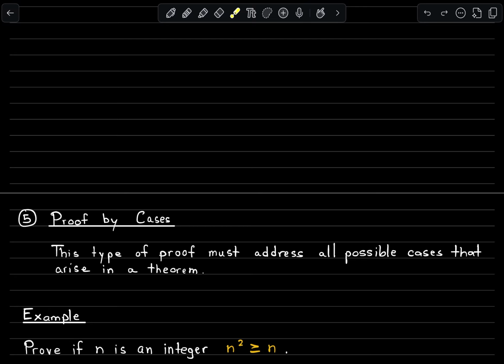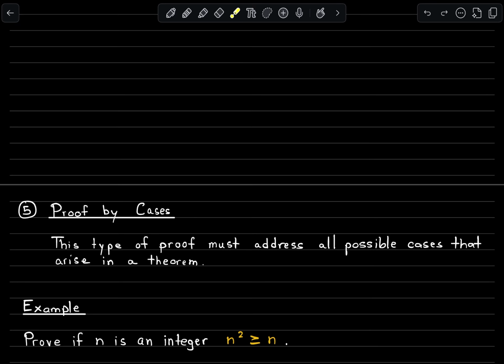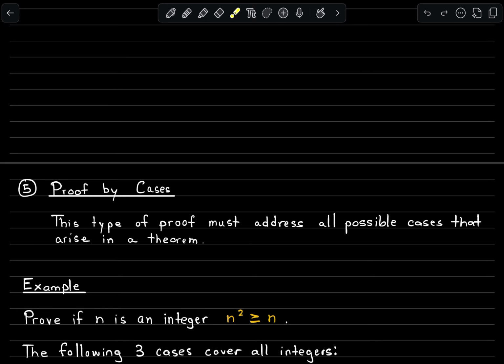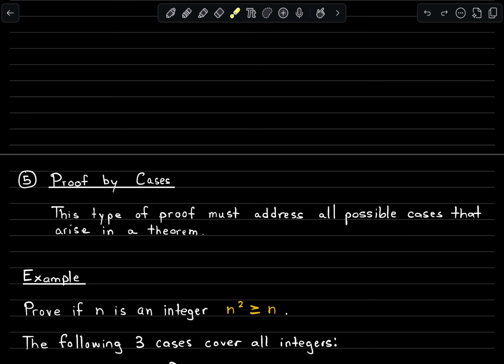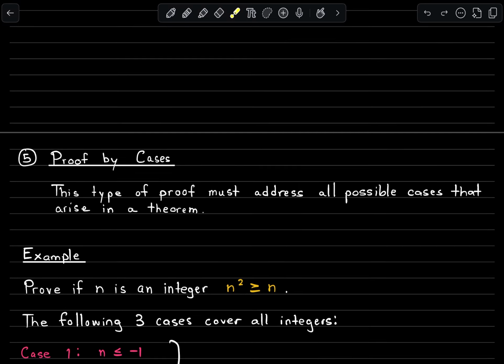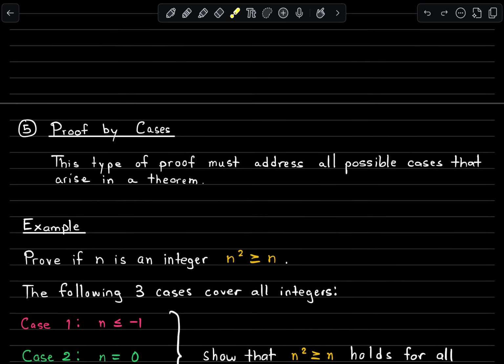Okay, so let's see an example. This example says, prove that if n is an integer, n squared is greater than or equal to n. If n is an integer, we have to think about the three following cases, which cover all integers. Case 1 is that n is less than or equal to -1, meaning it is a negative integer.